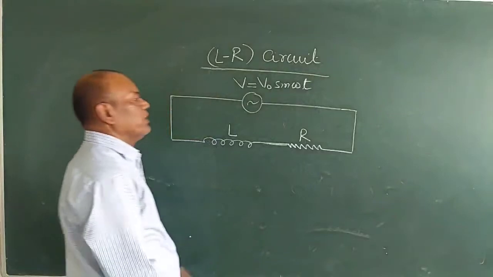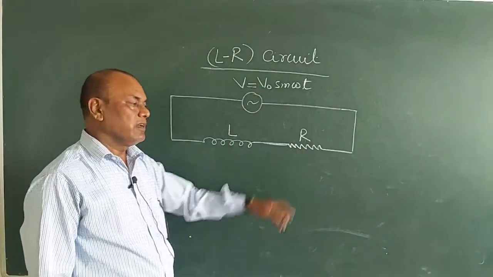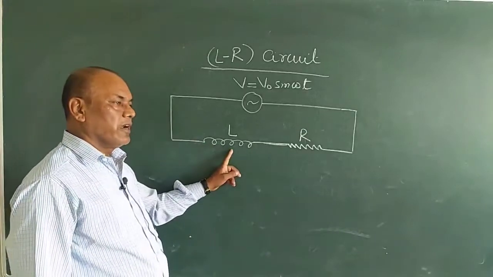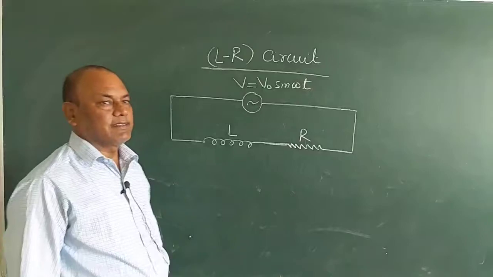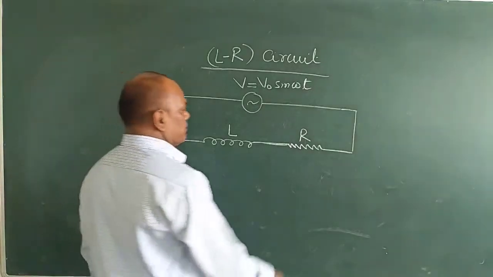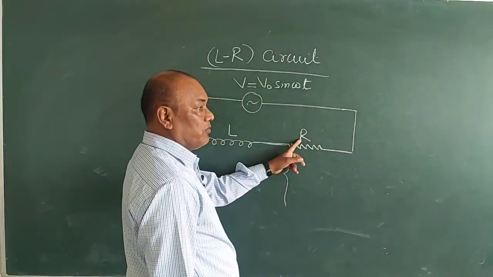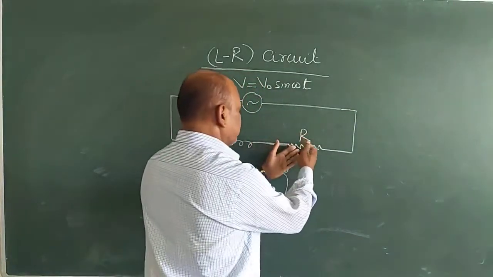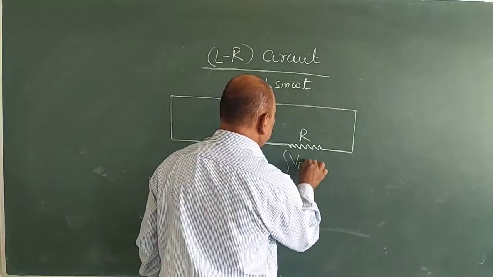V is equal to V0 sin omega t. Due to the series combination, the same magnitude of current will flow through the inductor and through the resistance. Now suppose that in the case of resistance, we know that voltage and current are both in the same phase.